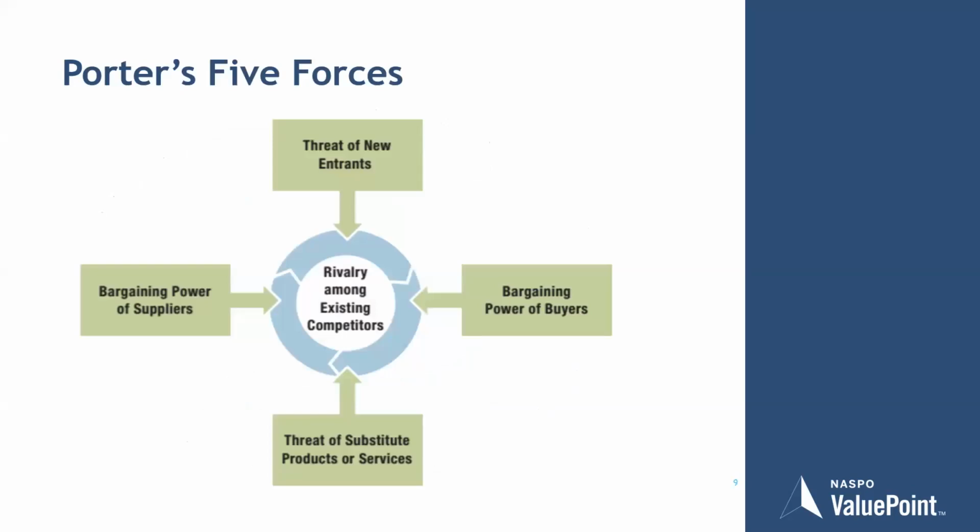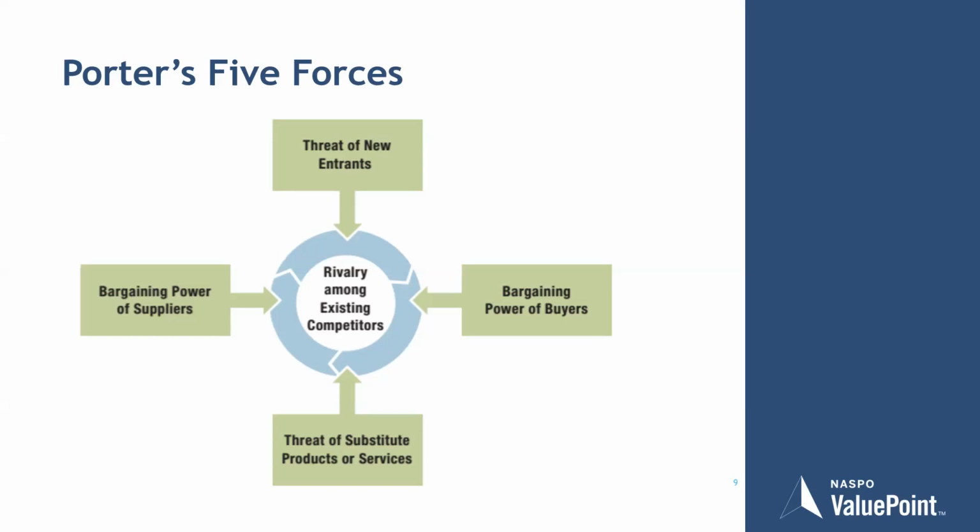The next thing to look at an industry as a whole are going to be Porter's 5 forces. Porter was a professor of business at Harvard, and he developed these forces, which are just ways of looking at how profitable an industry is. And these are particularly important to you because you actually are in these forces.